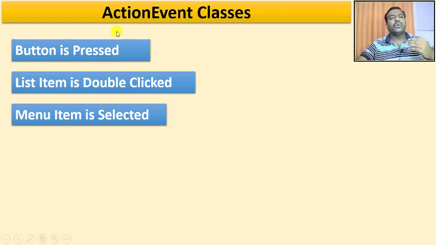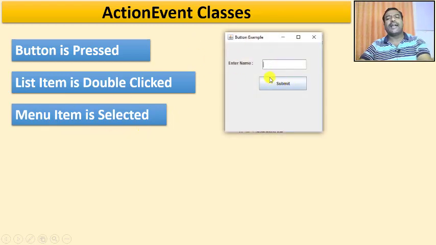Hence, the user may raise an action in the form of buttons. I may press an OK button or a submit button, and it can be a list of items which I double click, or menu items which I select. For example, I click on the submit button and an action event will be raised.